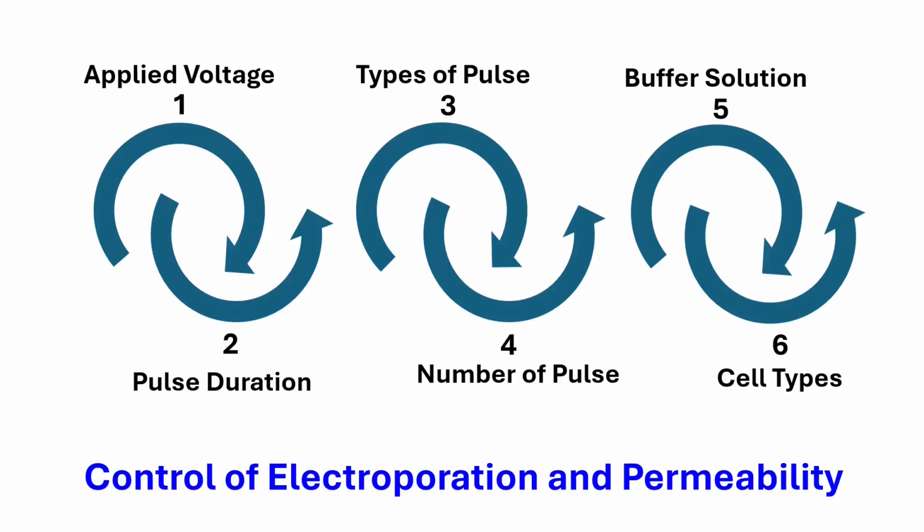Control is required for cell viability for successful applications in medicine such as gene transfer or electrochemotherapy. In the case of microbial cell destruction, the strength of the electric field must be high enough to completely disintegrate the cell wall.